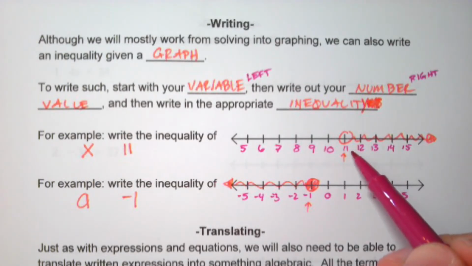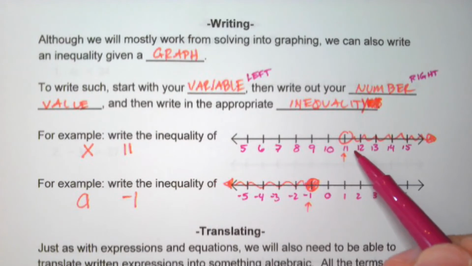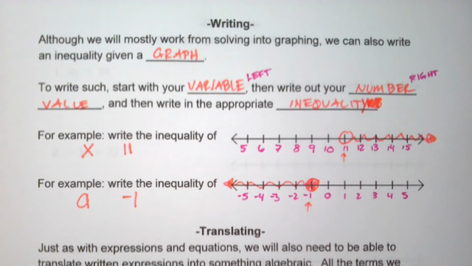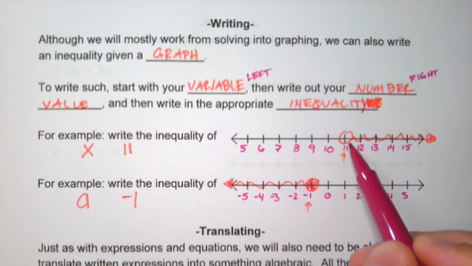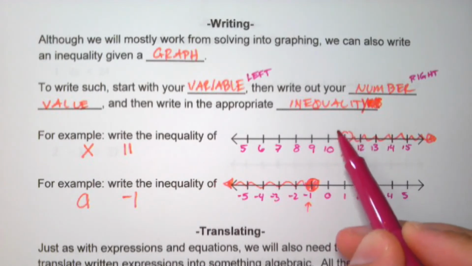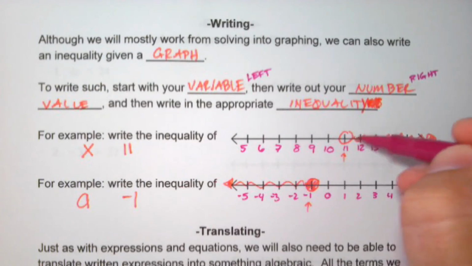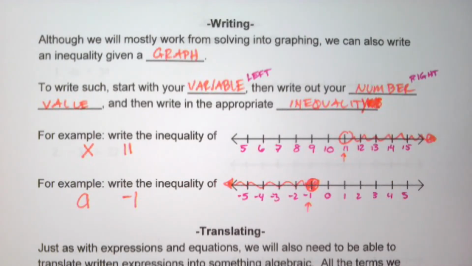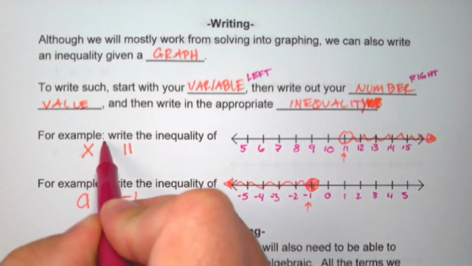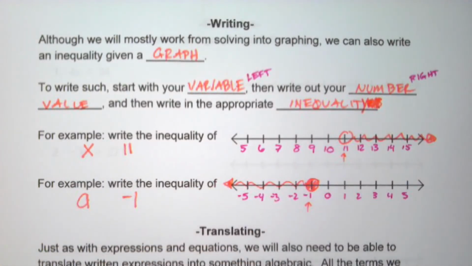So now comes kind of the only real tough part of writing it, which of those 4 inequalities are we going to pick from? Well, we get to start at number 11, but as we're shading to the right, we want all the things greater than that number to be included. So we want that symbol to open up towards that larger value.